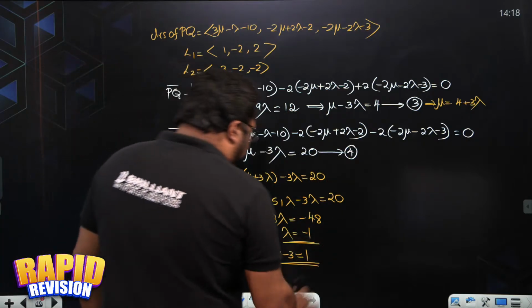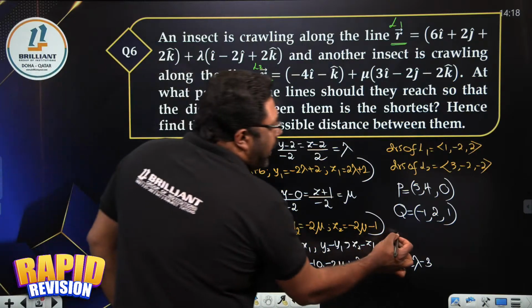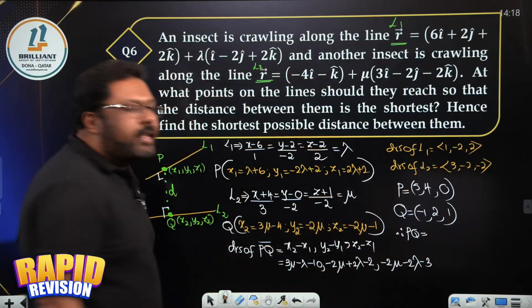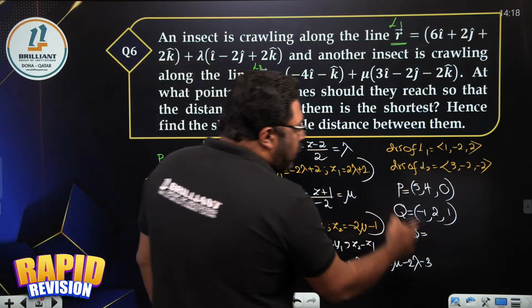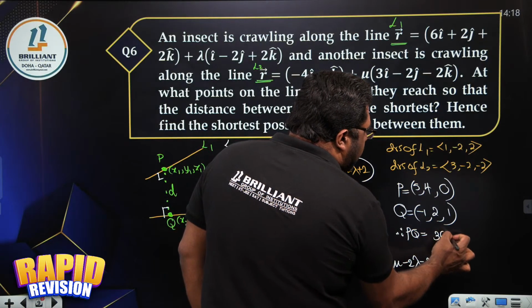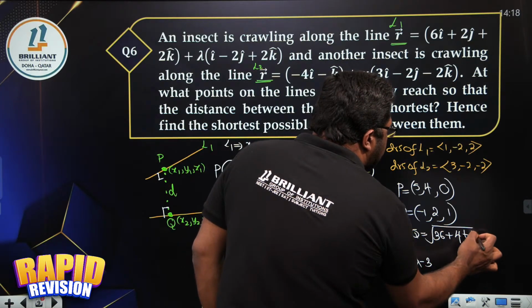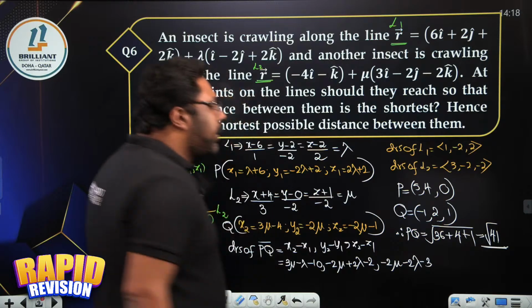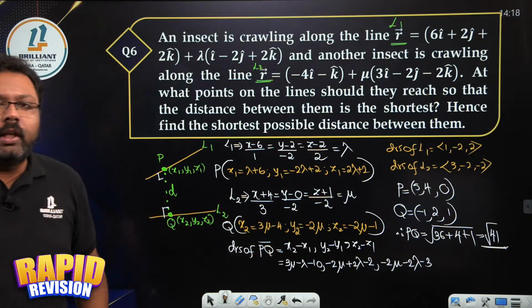Now you have to just find the distance, that's all. So what is the distance formula? You all know: root of x2 minus x1 squared plus y2 minus y1 squared plus z2 minus z1 squared. Use that. The first one is 36 plus 4 plus 1. The shortest distance between the two lines, or the two insects, is root of 41.